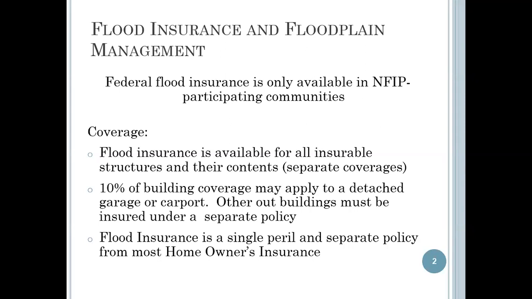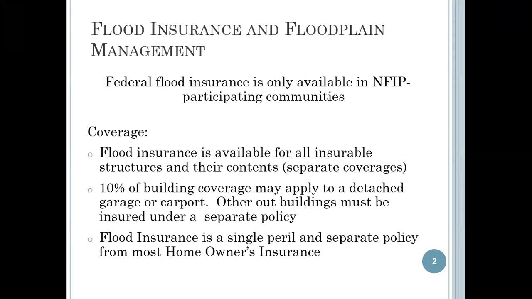Other buildings, we call them appurtenant structures, or other structures, sheds, barns, cabanas, things like this, have to be insured under a separate policy. And flood insurance is a single peril policy. We cover flood. As we'll see in a minute in the definition of flood, it is surface water flooding.